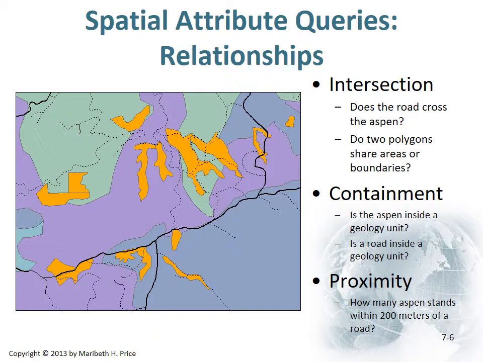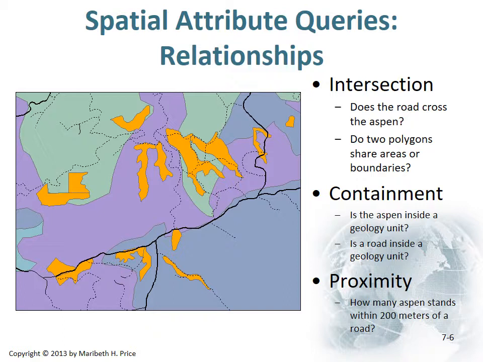Does the road cross the aspen stand? Do polygons share areas or boundaries or not? Is an aspen stand located within a geological unit? Is a road within a geological unit? How many aspen stands are within 200 meters of a road or a mile of a road?